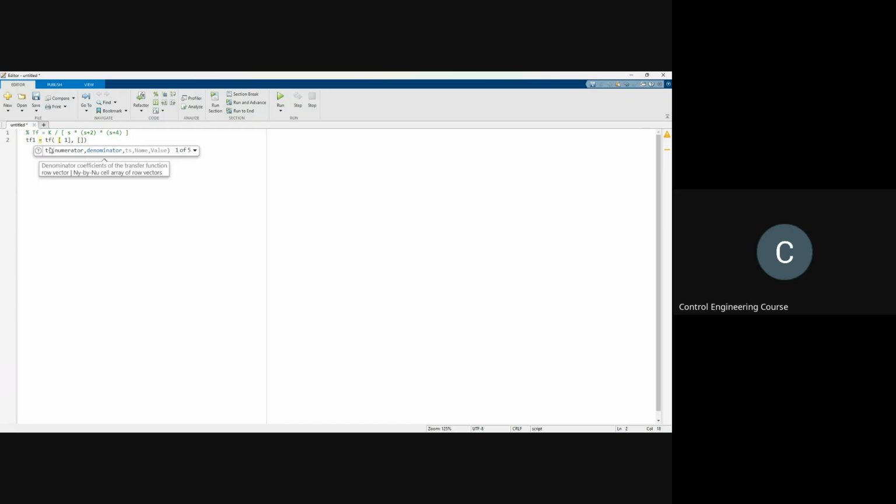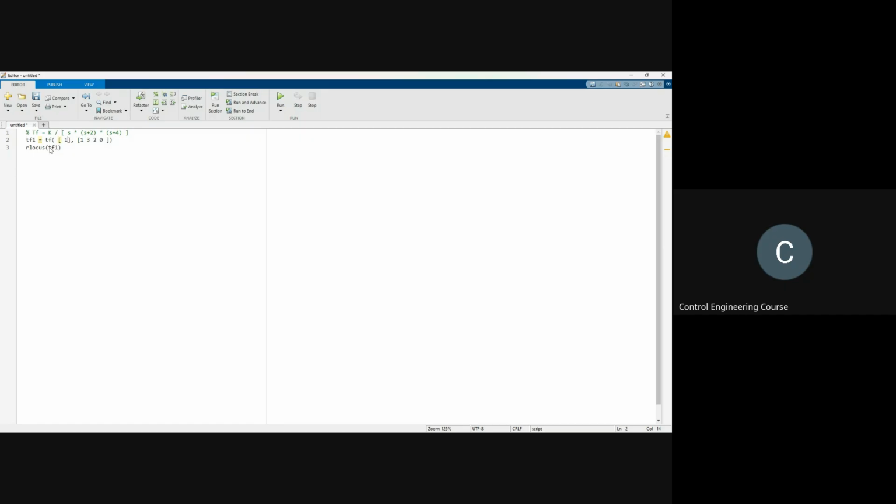Here it is. So when you expand this, s square plus 2s, times s plus 3, it becomes s cube plus 3s square plus 2s, and the constant is 0. In MATLAB this is very easy, just one command, rlocus. You have to put the transfer function first.